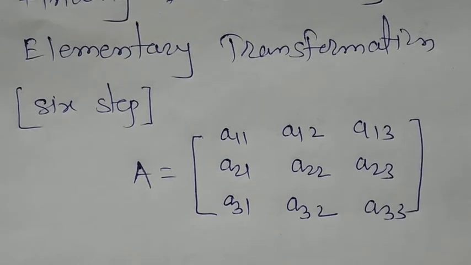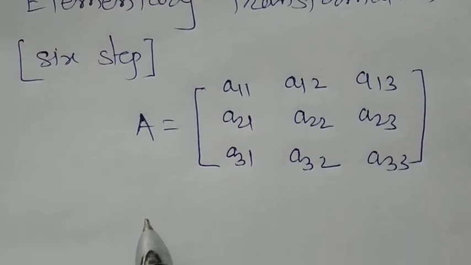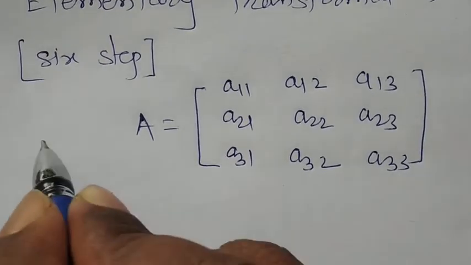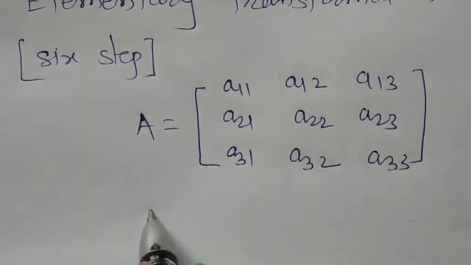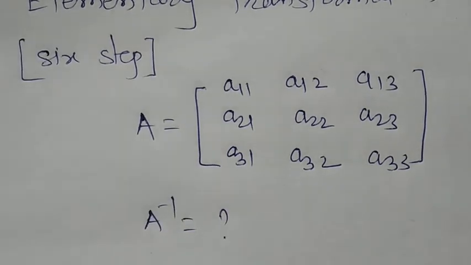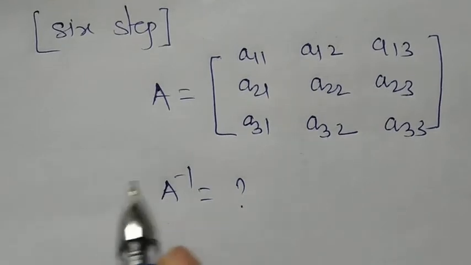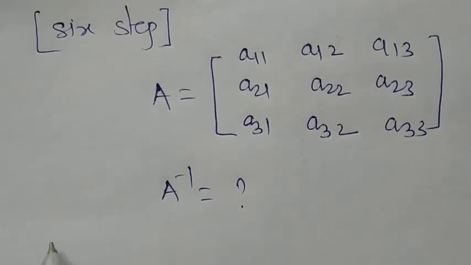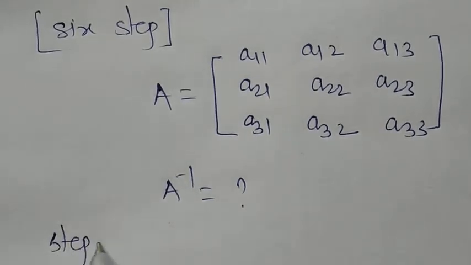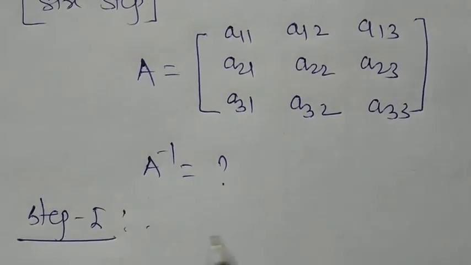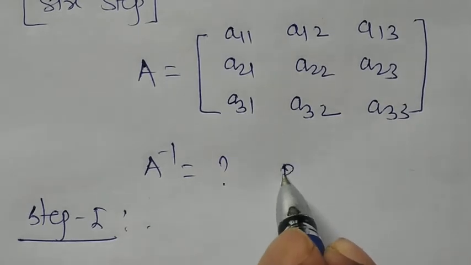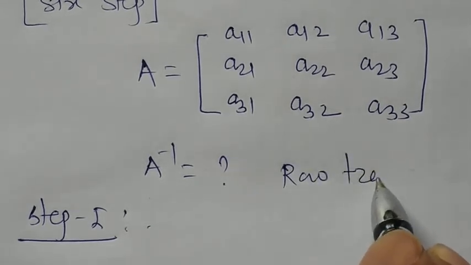We want to find A inverse. How to find it? There are 6 steps. Step 1: using the row method, that is, row transformation.